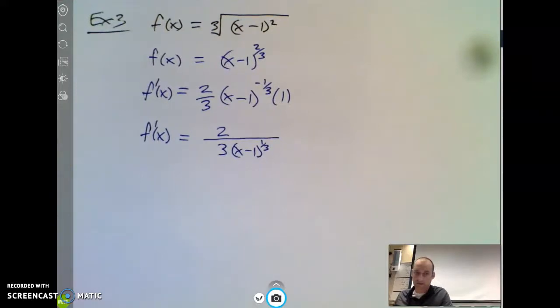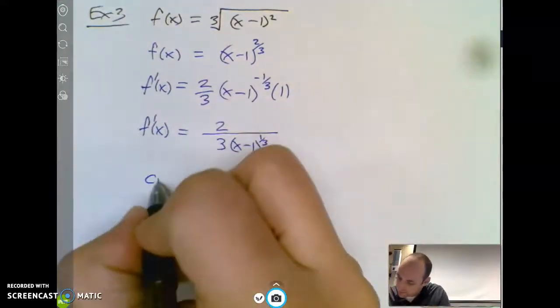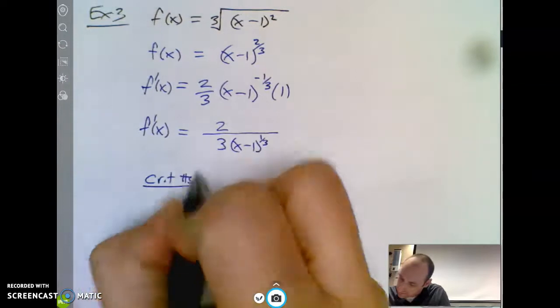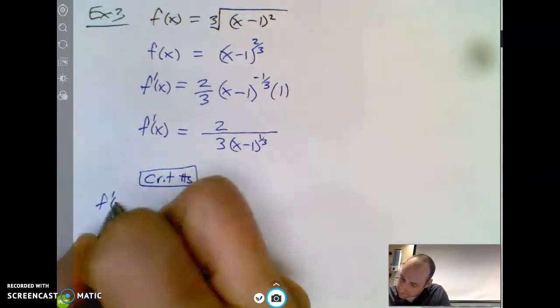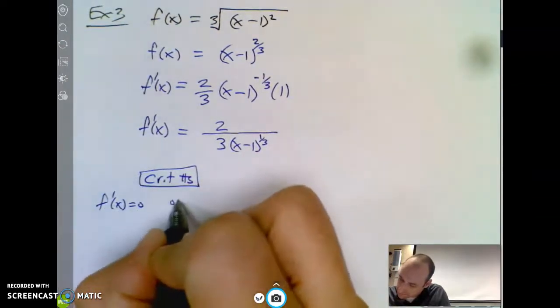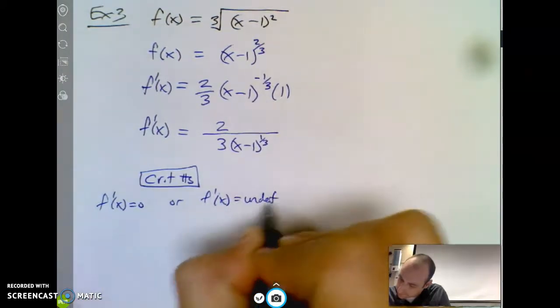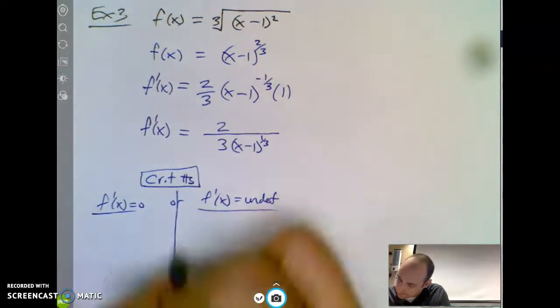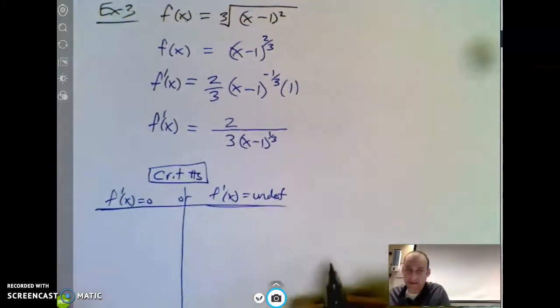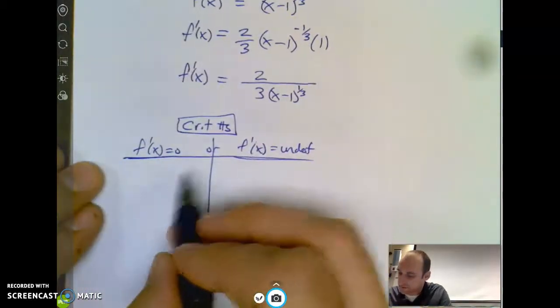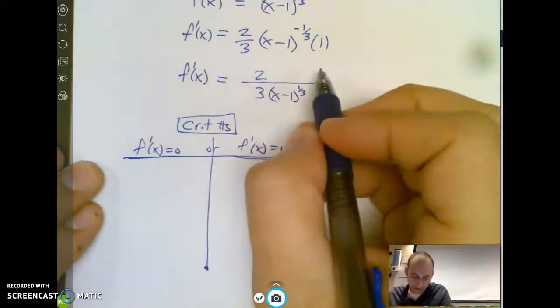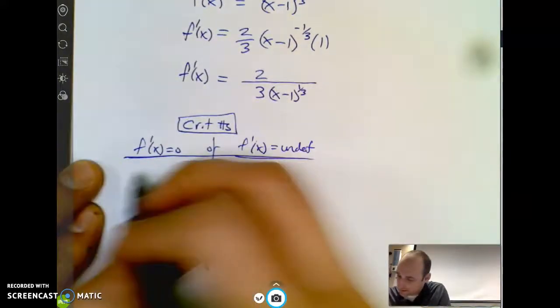All right, so remember, critical numbers occur when the derivative is 0 or when the derivative is undefined. Okay, so in this case, when is the derivative equal to 0? Well, remember, a fraction is equal to 0 whenever the top is equal to 0.